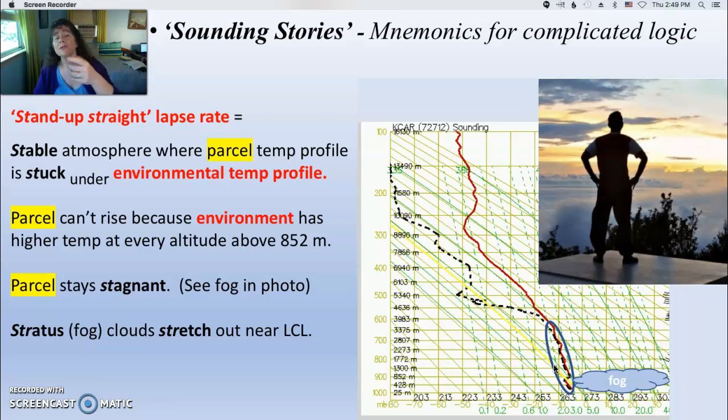We can say that the parcel makes a stratus cloud, a fog cloud, in a stable atmosphere that stretches out and that stays stagnant. We often think about smog in stable atmospheres. So I hope those mnemonics help you to understand the difference between the stable atmosphere and the actions with the parcel. The parcel is stuck, the parcel is stagnant, the parcel features stratus clouds that stretch out.